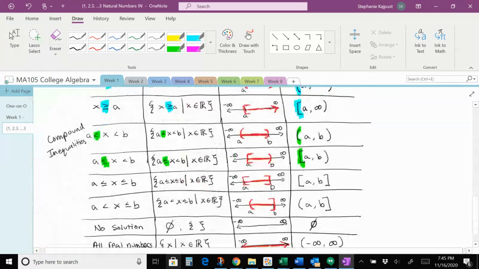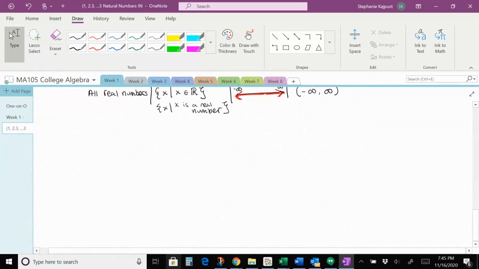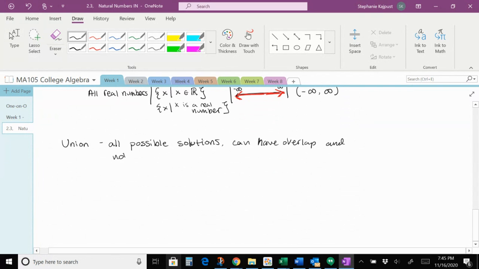So let's talk about unions and intersections. A union is basically all possible solutions. You can have overlap and not overlap. So union is that U symbol, which kind of stands for union.